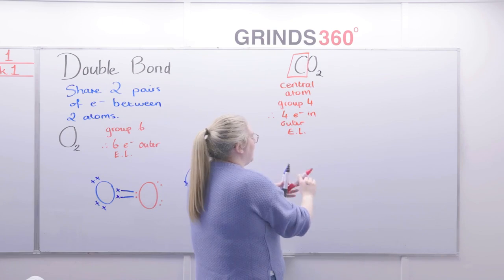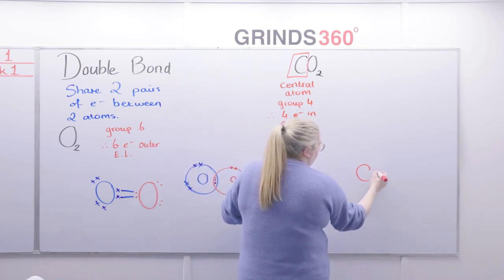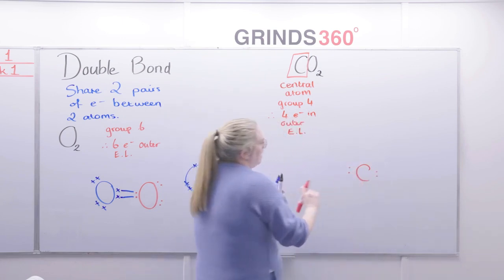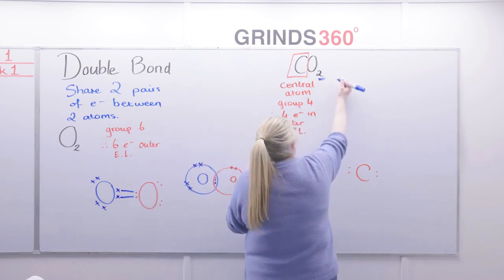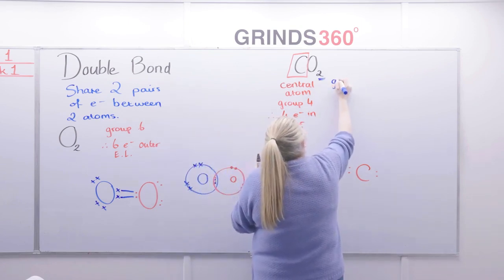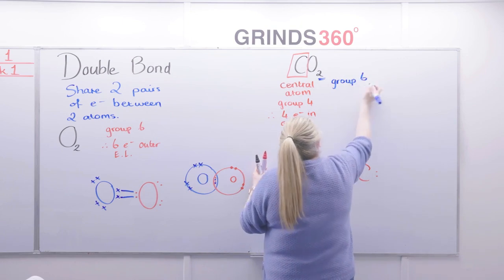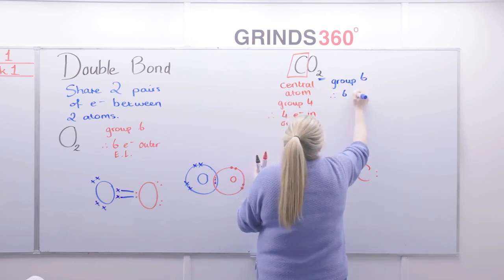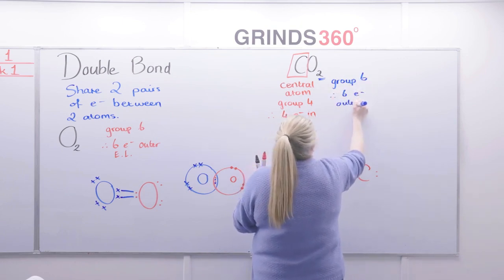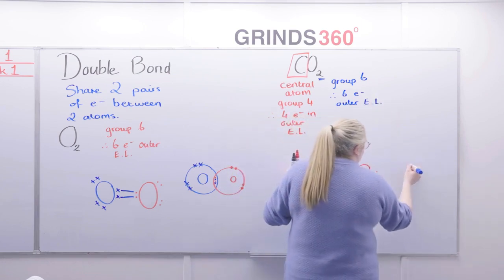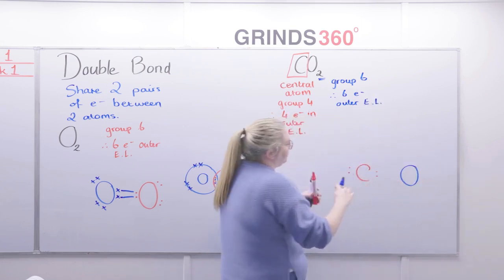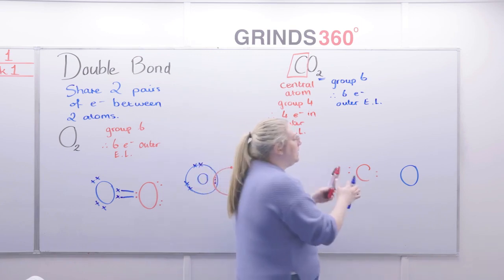So I'm going to draw that one in first. Next, oxygen. This is not the central atom because I've got 2 of them, but oxygen is in group 6. Therefore, we'll have 6 electrons in the outer energy level. Okay, so I'm going to draw 1 oxygen in here. Oxygen, I have to fill in 6 of them.